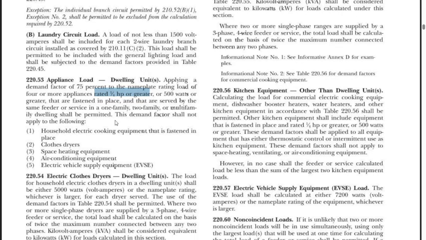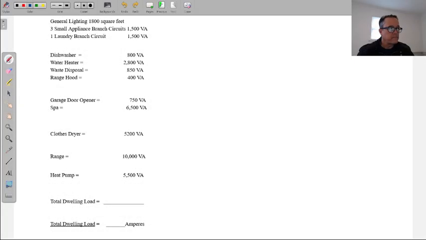This demand factor will not apply to the range, the dryer, heating and cooling systems, and it will not apply to the EV. So what happens if you have 4 different appliances that are rated above 500, but they're at different wattages? They're rated more than 500?